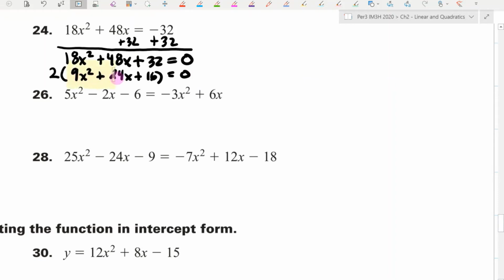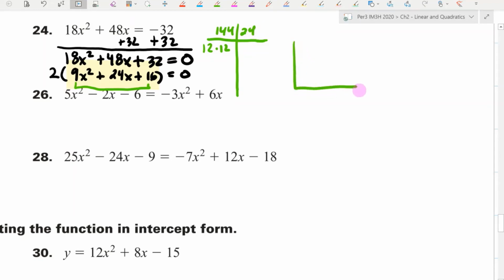We still have to factor to keep going. So I will be factoring 9x squared plus 24x plus 16. So I'm going to multiply 9 times 16. That gives me 144, and I need to get 24. The square root of 144 is 12, and maybe as soon as you take the square root of 144, you'll notice that 12 times 12 is 144, and it's also 24 when you add them up.